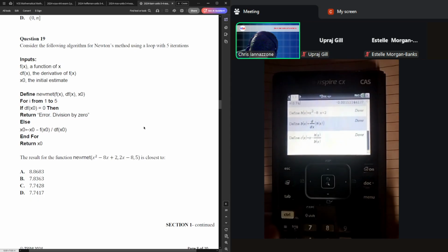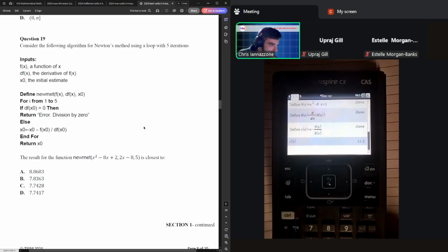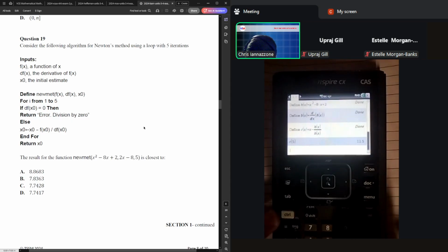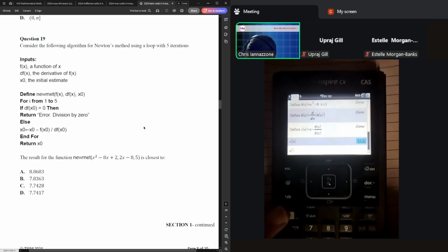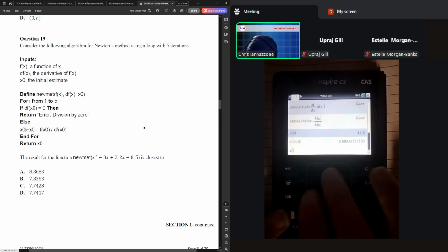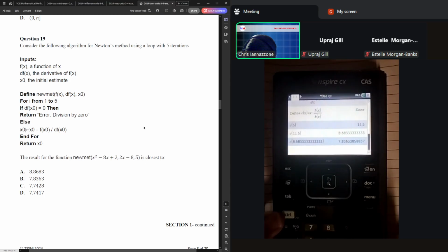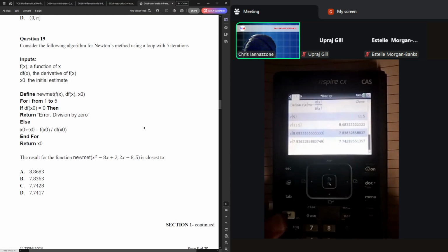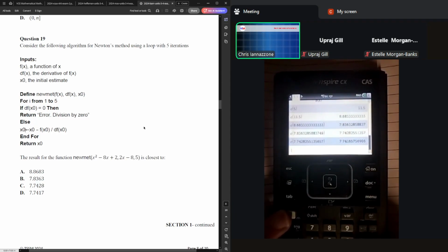So we're going to do c of 5. That's the output after i equals 1. Then for i equals 2, we're going to get this. For i equals 3, we're going to get this. i equals 4. i equals 5. And then that's sorted.